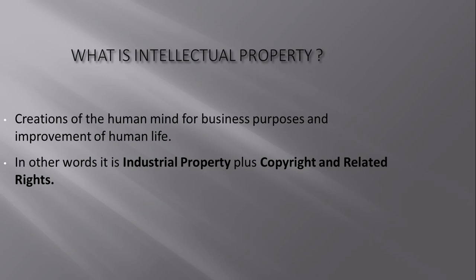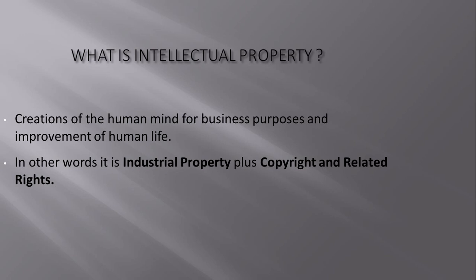So, in terms of definition, intellectual property is defined as the creations of the human mind. And these creations will serve two purposes. It's either for business creation or for improvement of human life.